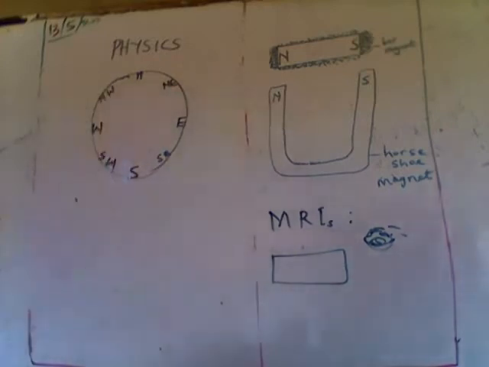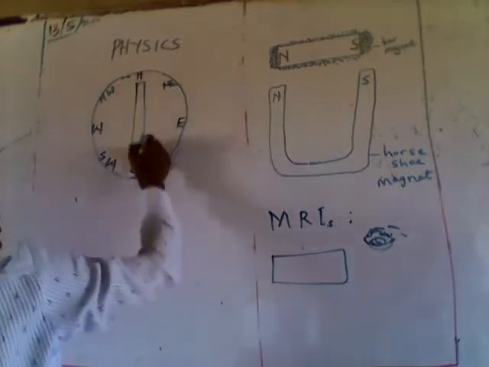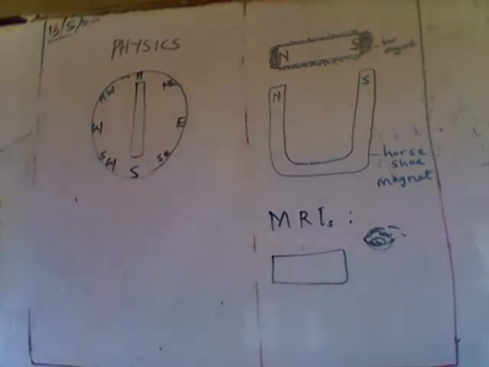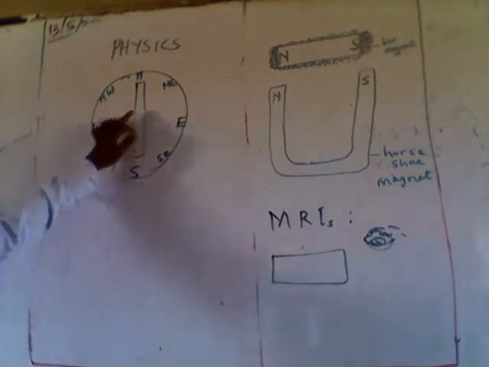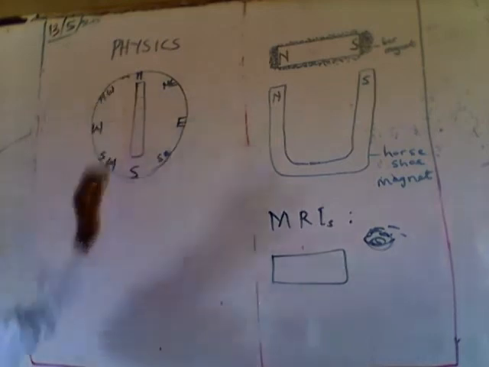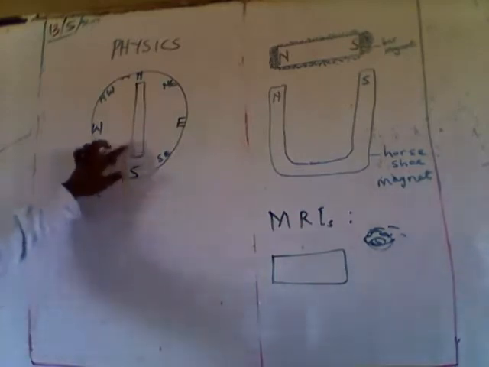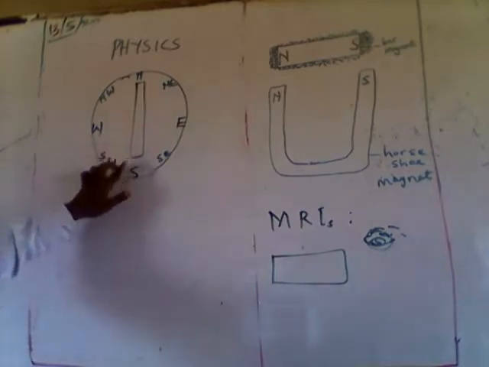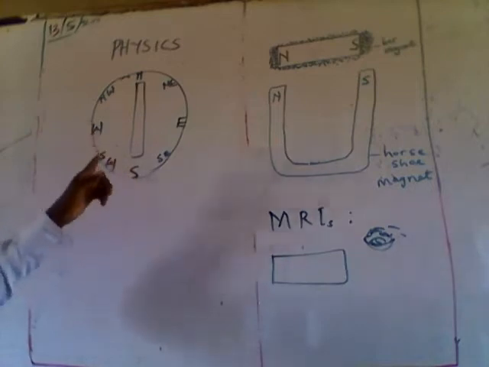Now, if you suspend your magnet and it points like this, then by placing it close to your compass, you know that the point close to the north on the compass will be the north pole of the magnet, and the other region will be the south pole of the magnet, because it's pointing to the south of the compass.